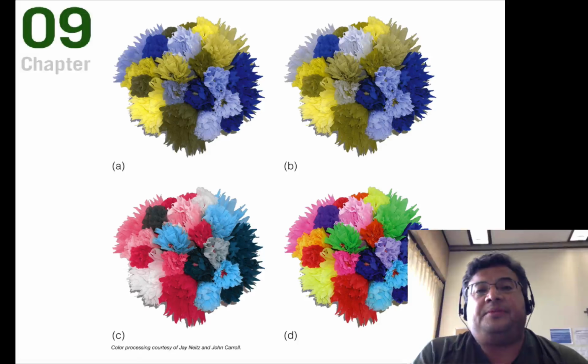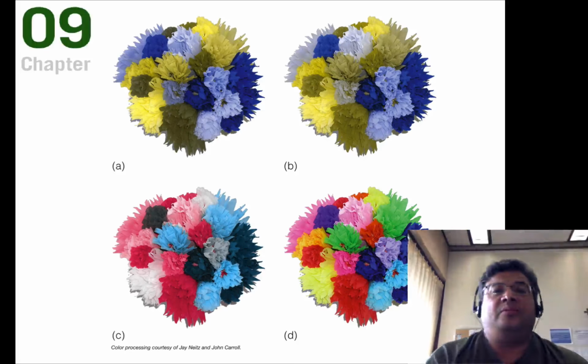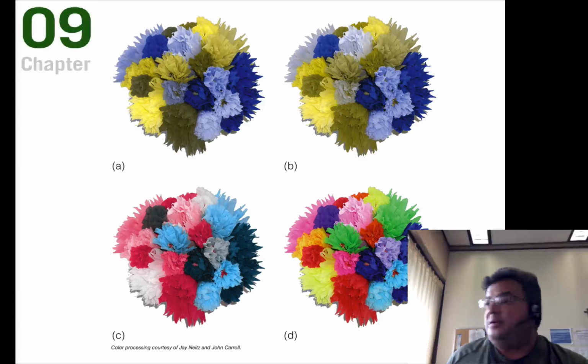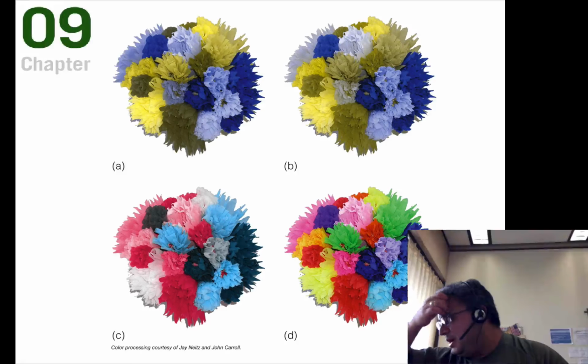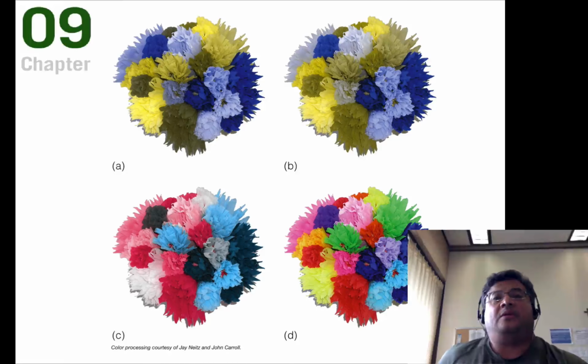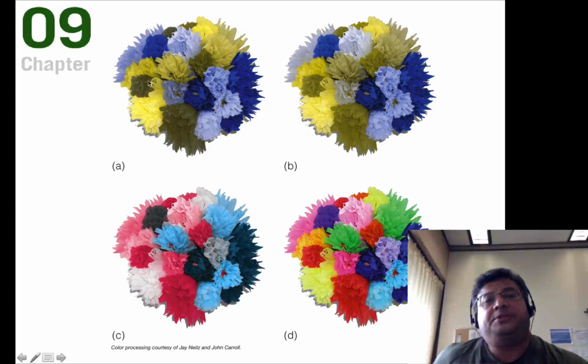So here are some examples of what different folks would see with these conditions. Figure A is from your book on page two. The A here is how the world would look to protanopes.